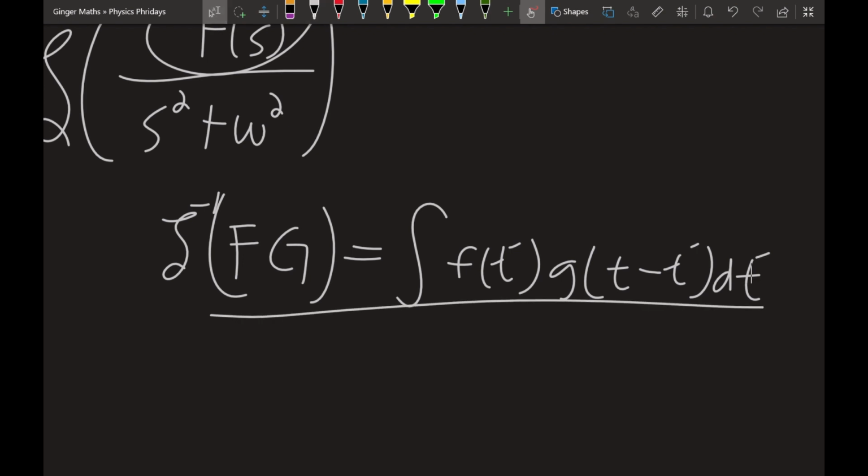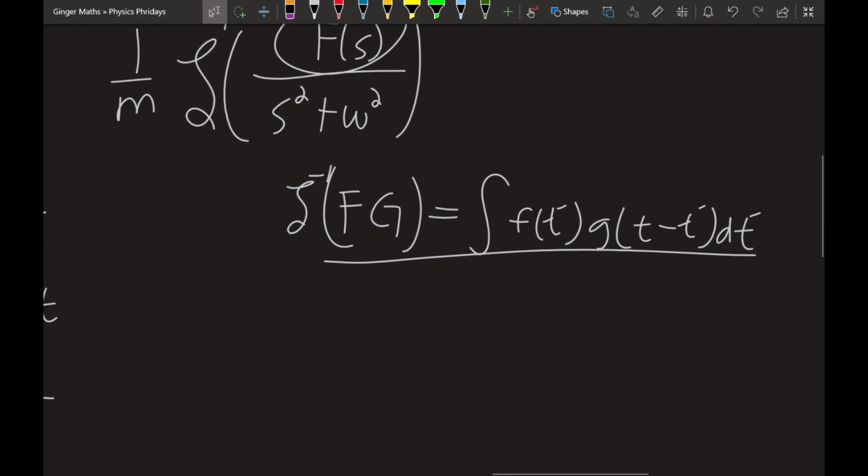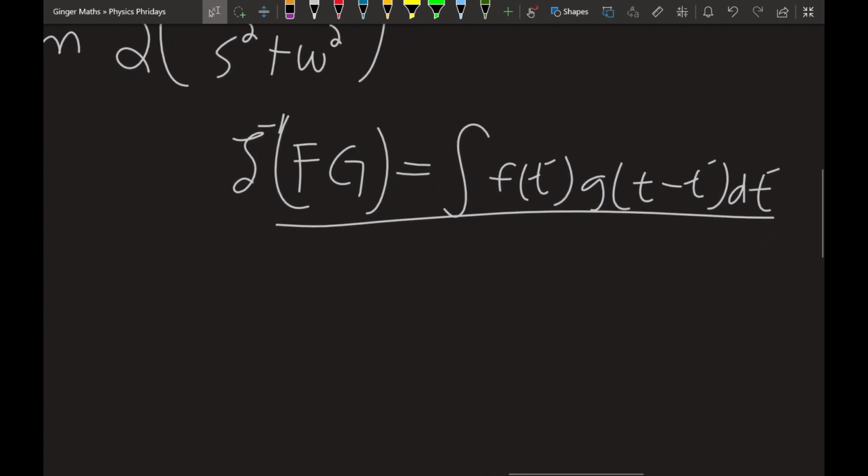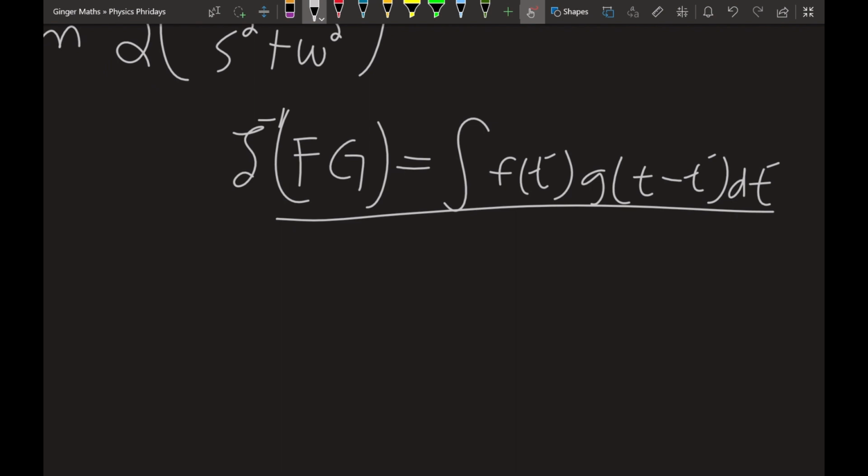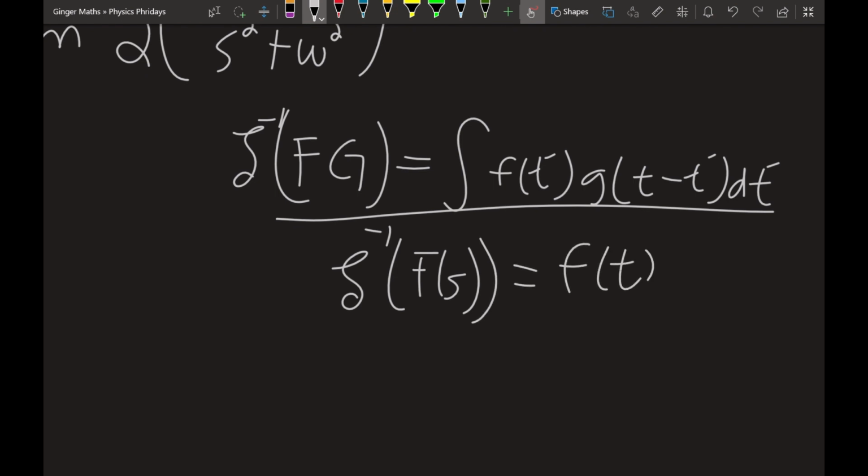This is all that states. So, taking advantage of this, we know the inverse Laplace transform of F of s. We basically defined this earlier to be just normal f of t.